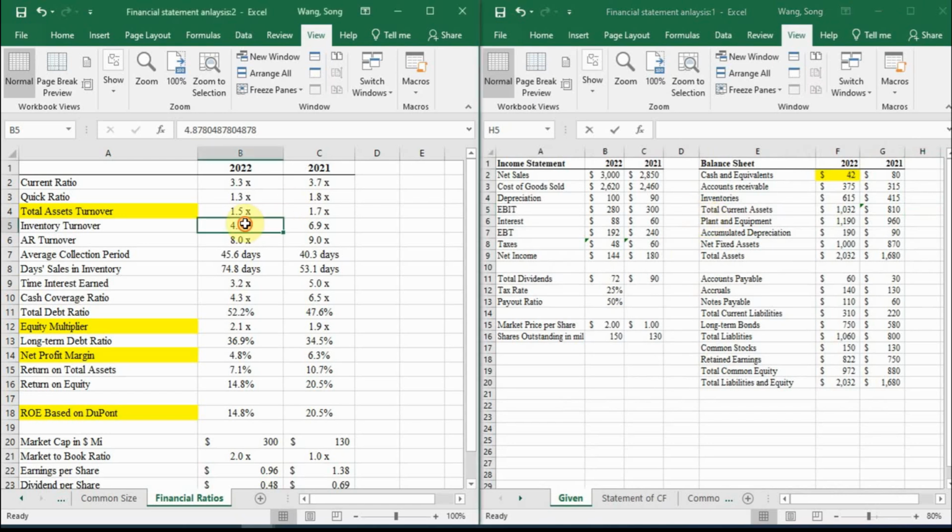All right, and for the inventory turnovers, so you can use sales divided by inventories only, not the entire total assets. And for account receivable turnover, the numerator still is sales divided by accounts receivable, change of denominator. And for average collection period, it is 365 days in a year divided by the account receivable turnover.